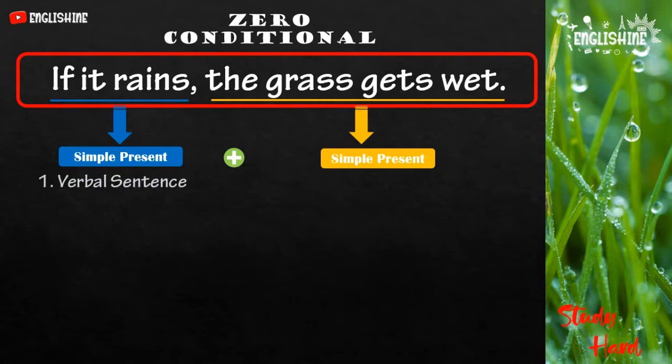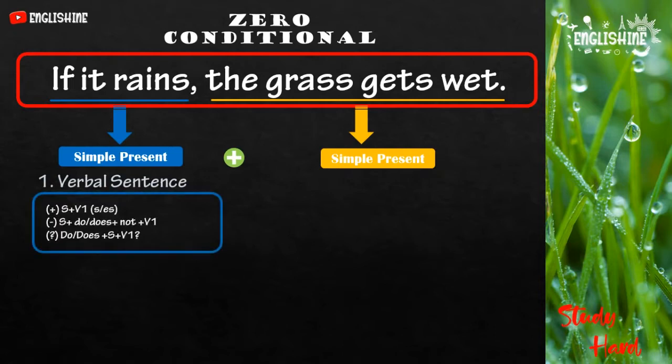Here are the formulas how to make it. There are positive using verb 1 plus s or es, negative using do not and does not, interrogative using do or does in front of the sentence.